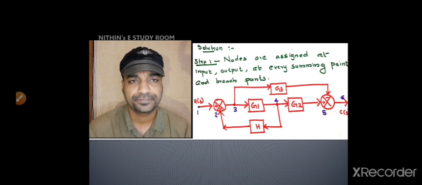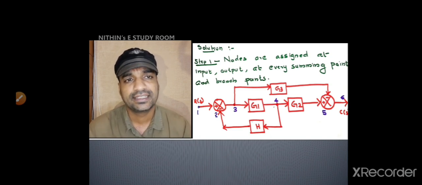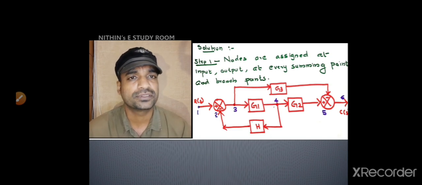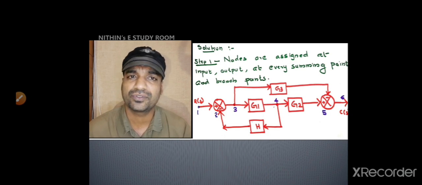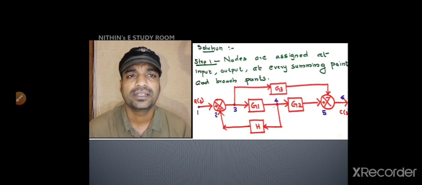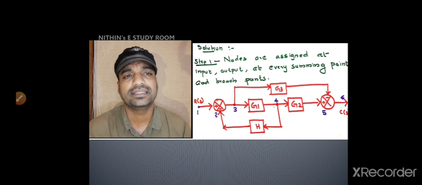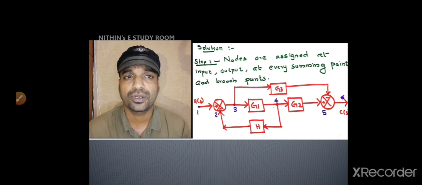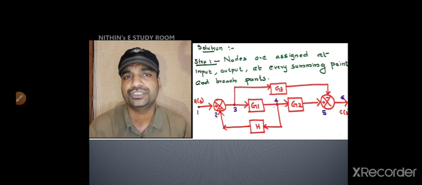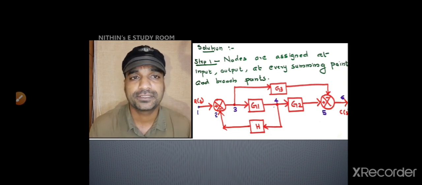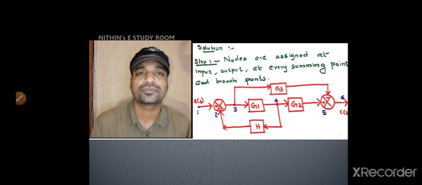So normally S or 1 by S terms appear in G1, G2, G3, etc. And H may also be a process, maybe a simple gain like 2, 3, 4. If these things are given in the problem, you have to use those values. Otherwise, you can simply use G1, G2, G3, which are the representation of the process or the gain.